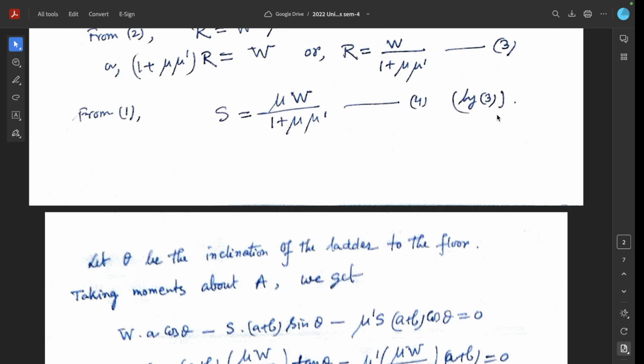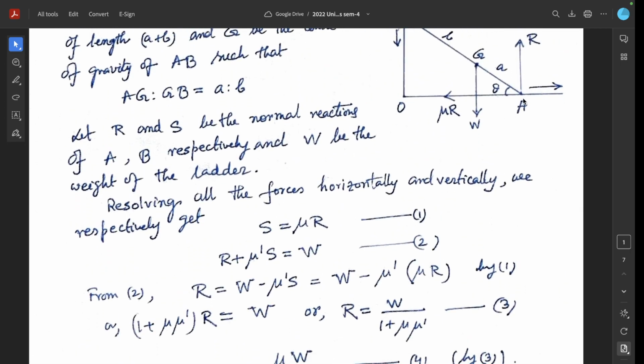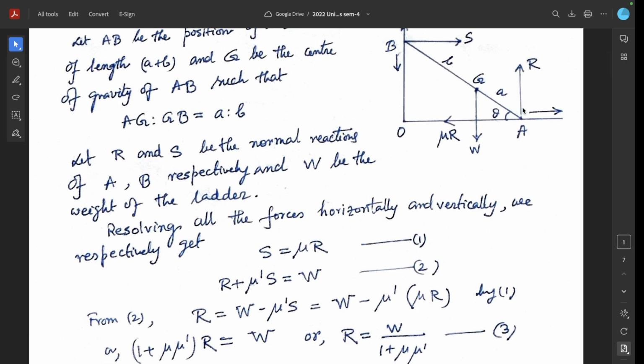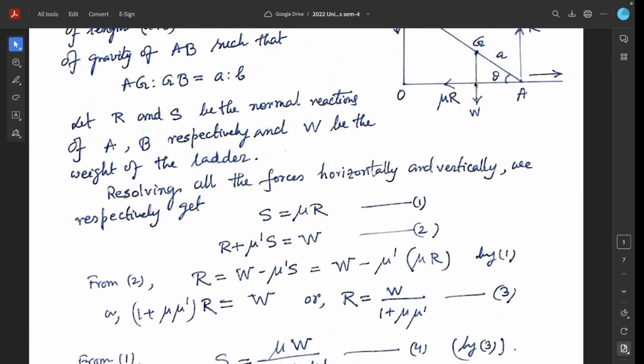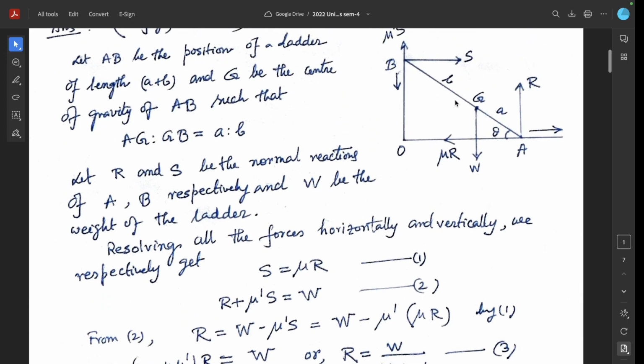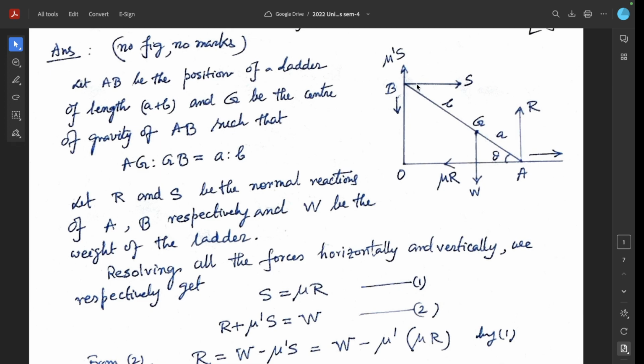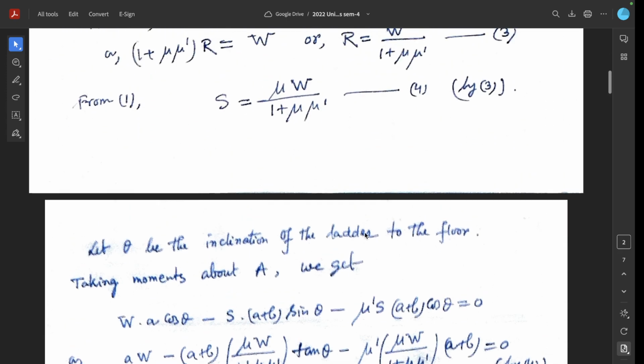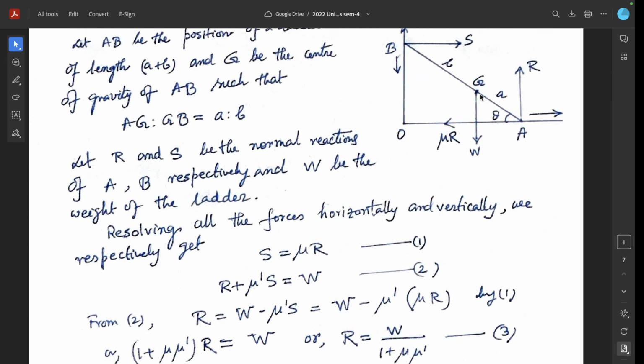Then taking moments of forces about A, the forces R and mu R pass through the point A, so there is no moment for R and mu R. We have only the force W, the force S and the force mu dash S. Now the force W, with AG as distance, the perpendicular distance from the point A from the right angle triangle is a cos theta, and it acts in the anticlockwise direction about A, so this moment is positive.